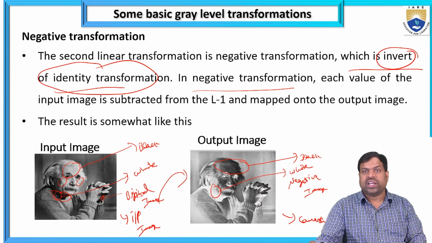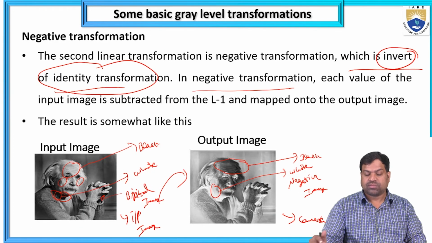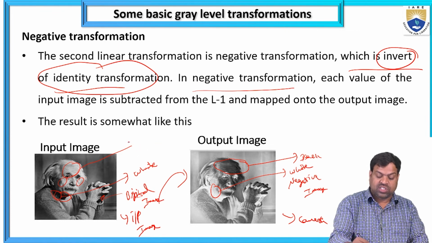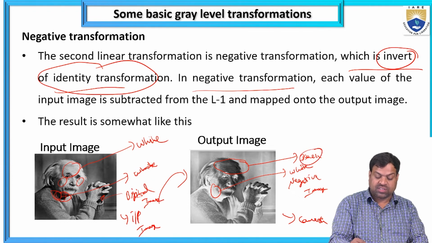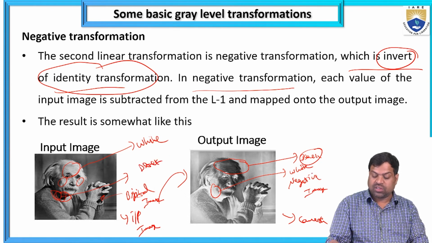And then the negative transformation. The second linear transformation is the negative transformation, which is the inverse of the identity transformation. Exactly opposite. Why? Because whatever is whitish is converted to black, and wherever it is black, it is converted to white.